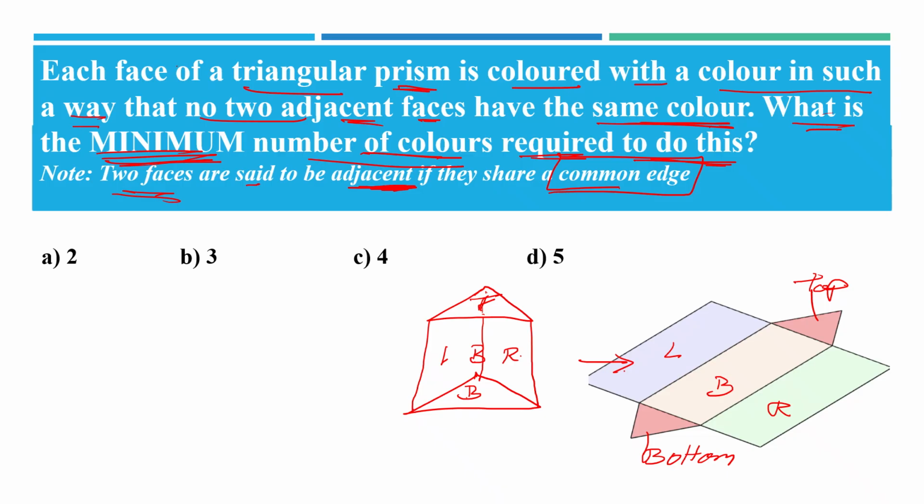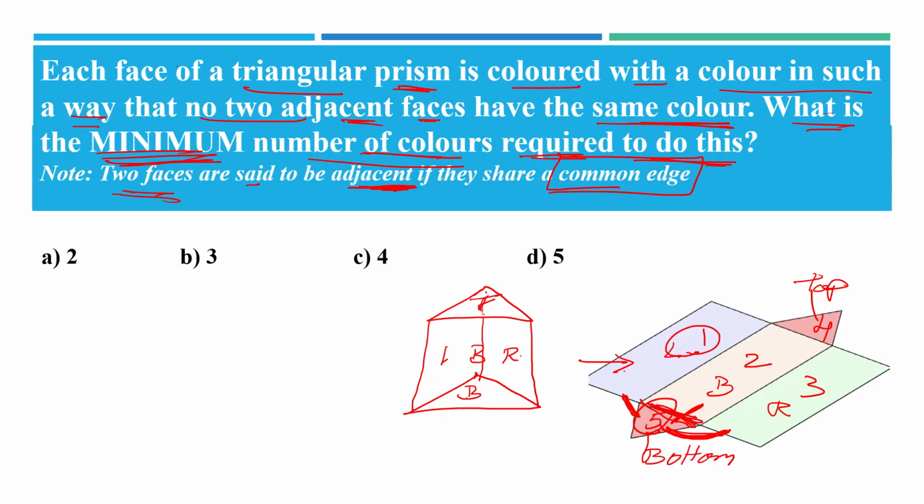Let me number this 1, 2, 3, and 4, 5. Face 1 and 5 are adjacent as they share a common edge. At the same time, 5 and 3 are also adjacent as they share a common edge, and 5 and 2 are also adjacent as they share a common edge.